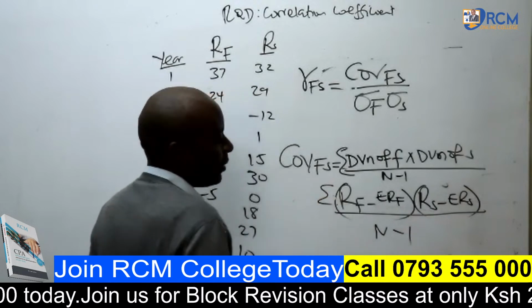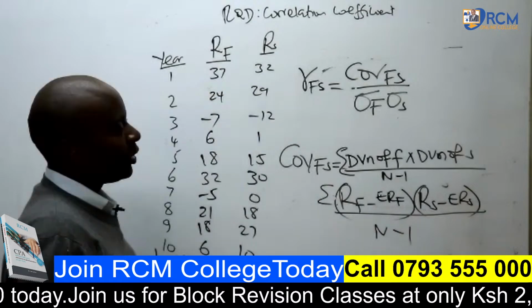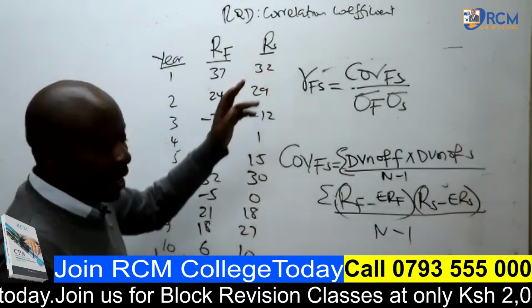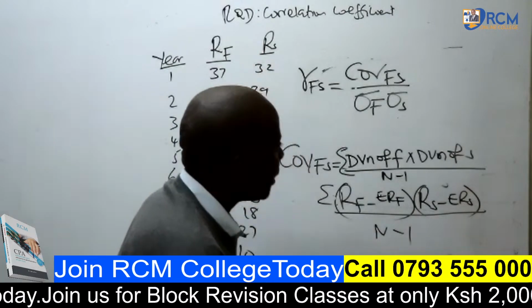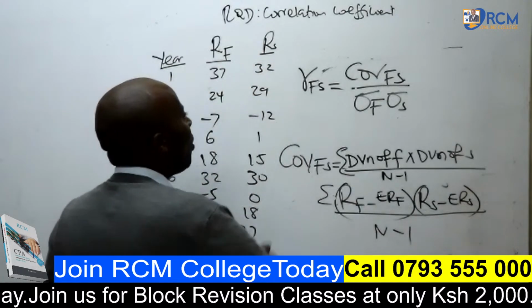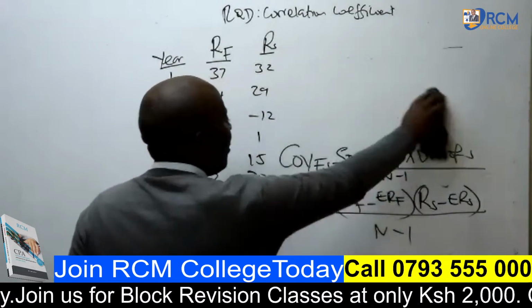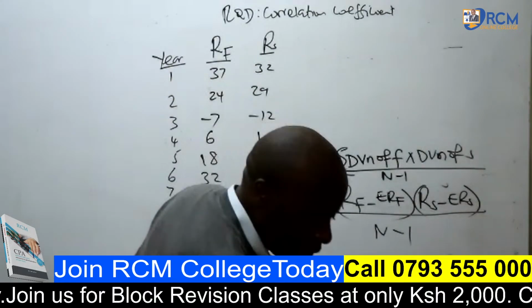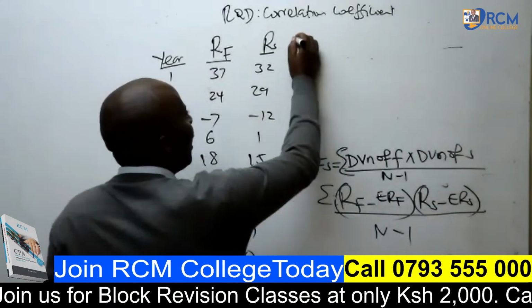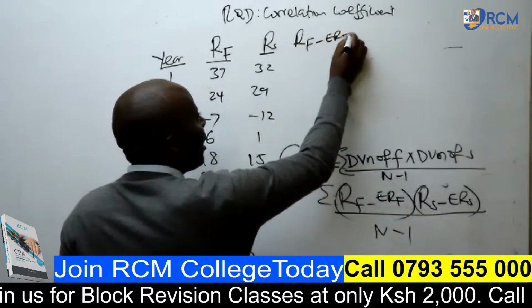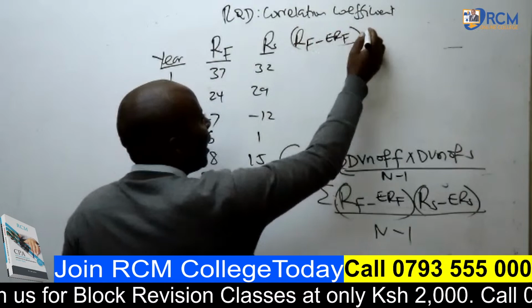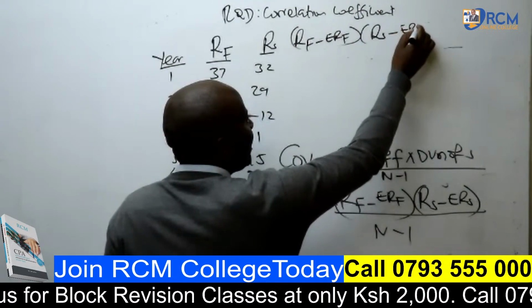Remember, there's a summation there. So, ladies and gentlemen, come up with a column where you'll get those deviations: RF minus ERF multiplied by RS minus ERS.